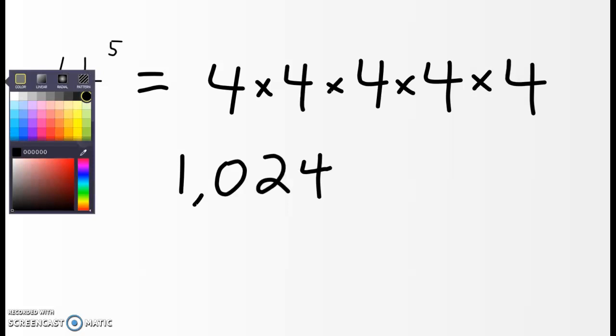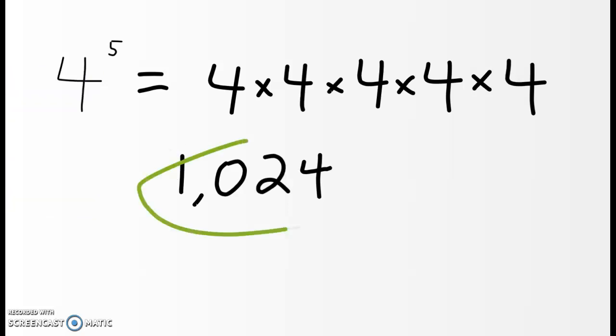So instead of having 1024, which might be a lot of digits depending on what I'm trying to write, I can just write 4 to the 5th power. We use this in a lot of different things. You will see it coming up in scientific notation, which is a way that we write really, really large numbers in a much smaller way so we can work with them.